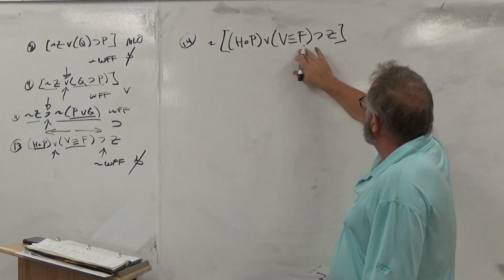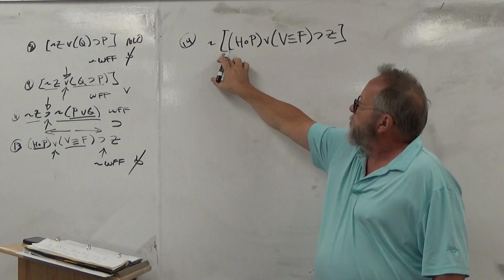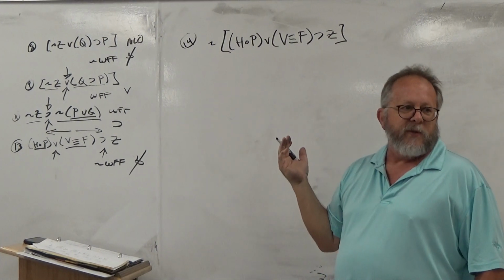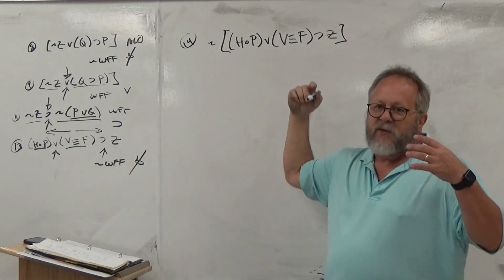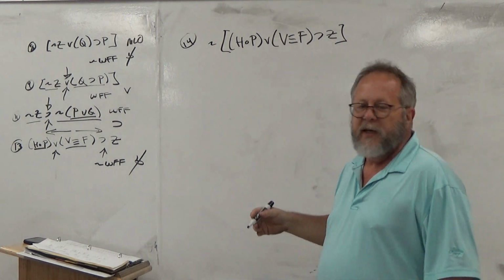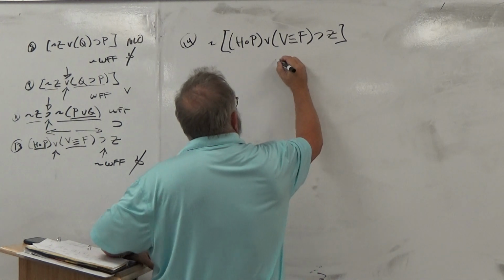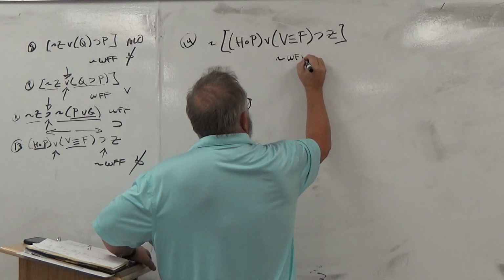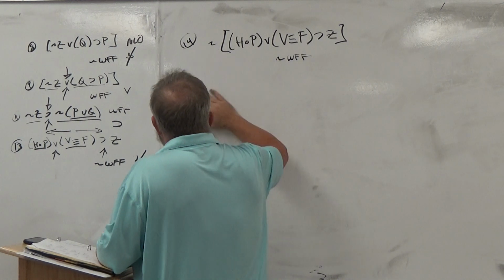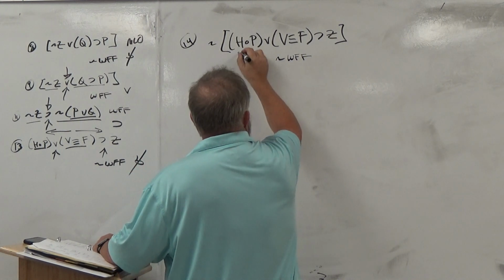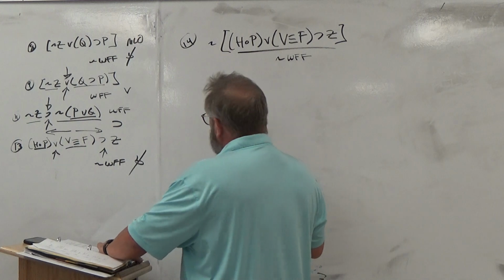So this part inside these big brackets is logically ambiguous. Does everybody understand that? So we don't know where that belongs. So this is not a well-formed formula, even though it looks like it's easy to identify the main logical operator, but that's not a main logical operator because we don't know what's going on in there.